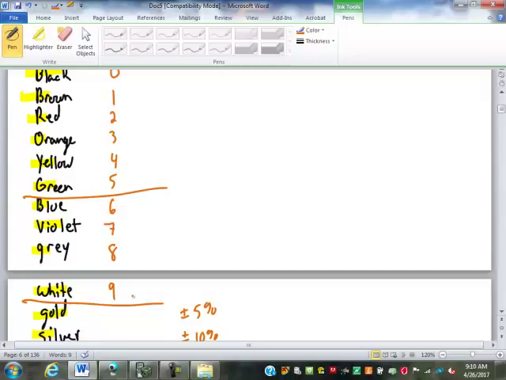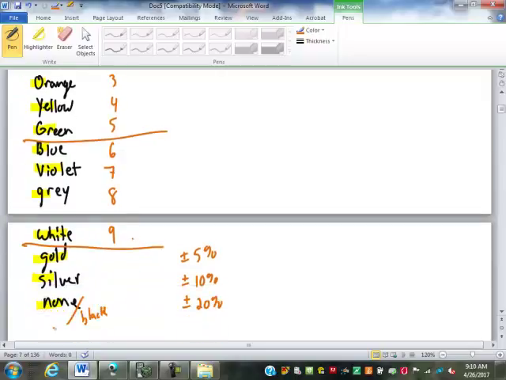And like I said, sometimes black is used instead of none for the plus or minus 20%. I've always used none for everything I've worked with.